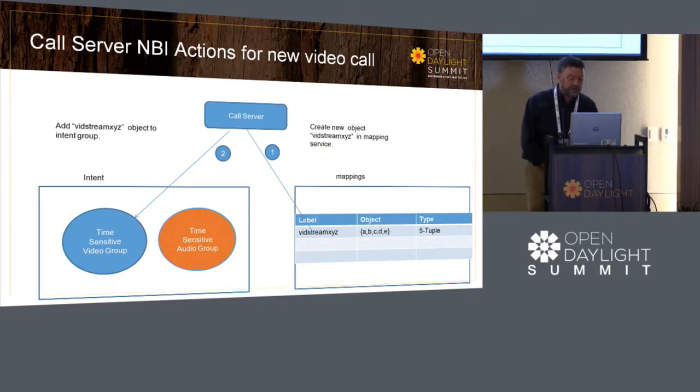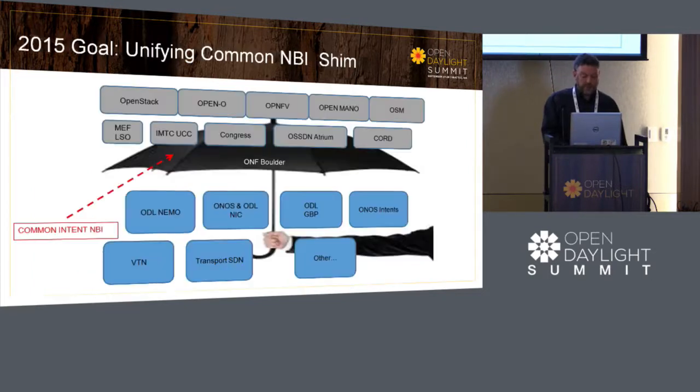And when the call server sets up a new call, it pushes something into our label manager that's essentially a 5-tuple that allows you to identify and classify that traffic on the wire. And then it pushes a reference to that particular flow into one of these time-sensitive groups, and that's how the controller knows it needs to go and push new rules into switches and change the configuration of the network.